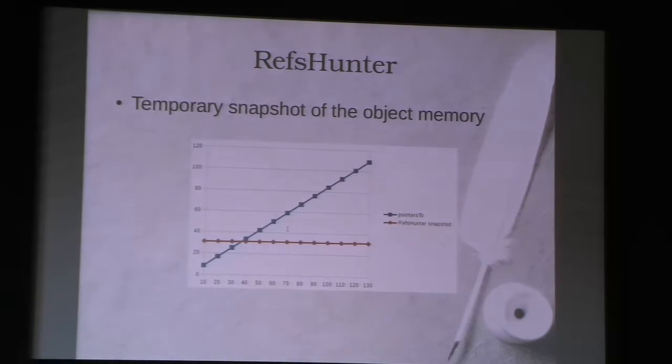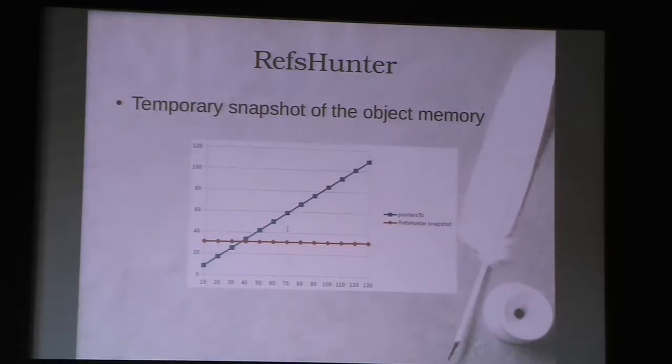And this snapshot, including such a references collection, takes about 40 times the time that is required for one pointersTo message. So if you want only a single reference, it doesn't make sense to make such a snapshot, but for harder cases, it makes sense.